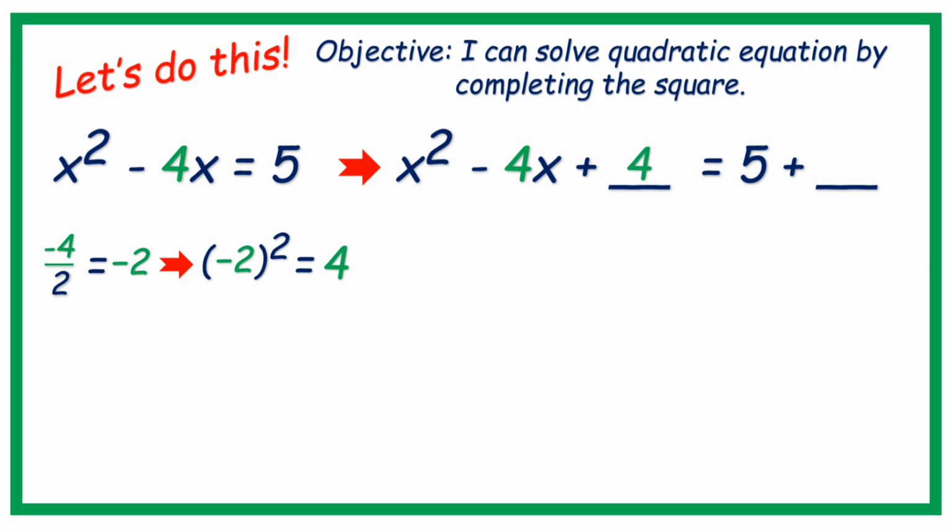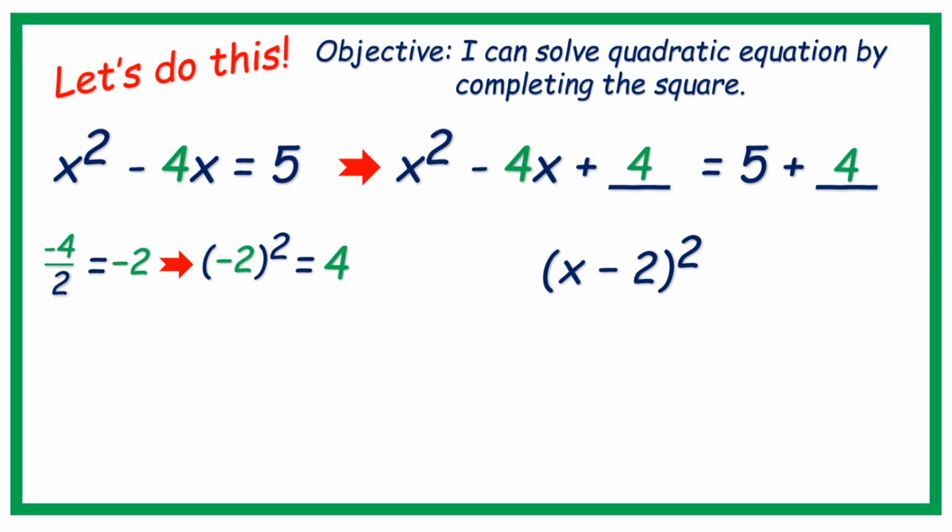Again, what you add on the left side, also add on the right side. So it will become x squared minus 4x plus 4 equals 5 plus 4. Just like that.